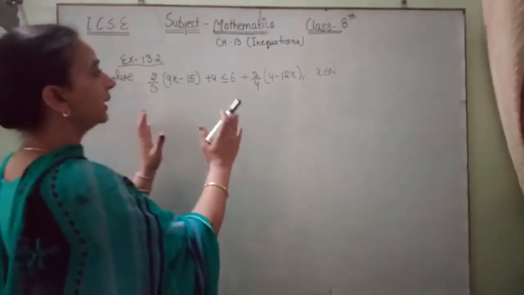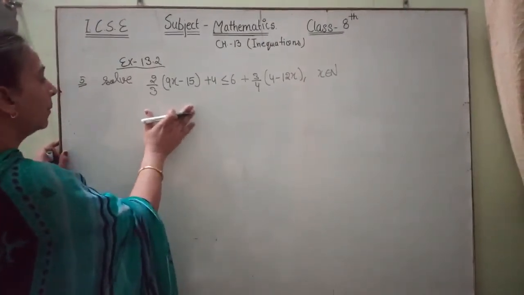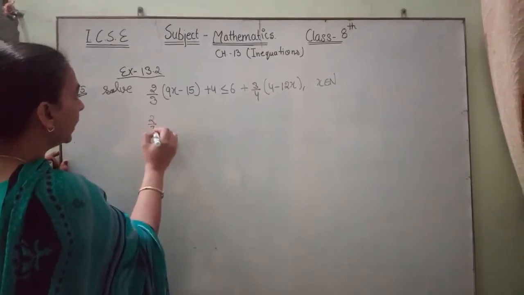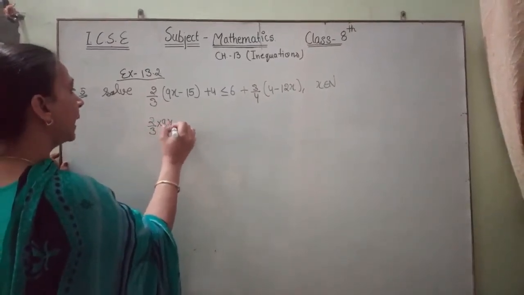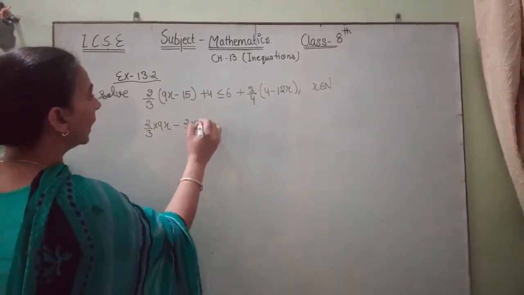Student, first we solve this inequation into simple form. We solve the bracket: 2 by 3 multiplied by 9x minus 2 by 3 multiplied by 15.